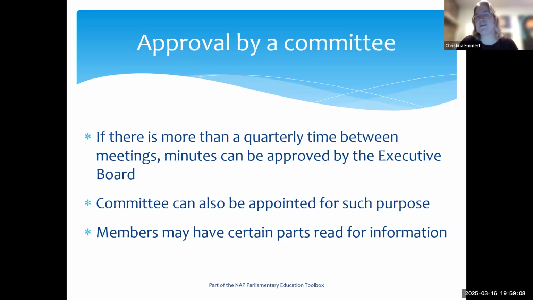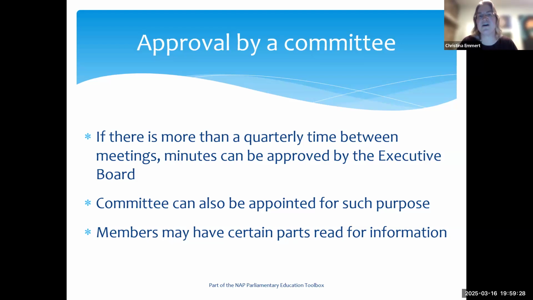But if you had a minutes review committee, then those would go wherever they needed to go, whether it was to the membership for adoption, or in our case, to the board and then to the membership. It depends on your rules too. That's a good point, Penelope.